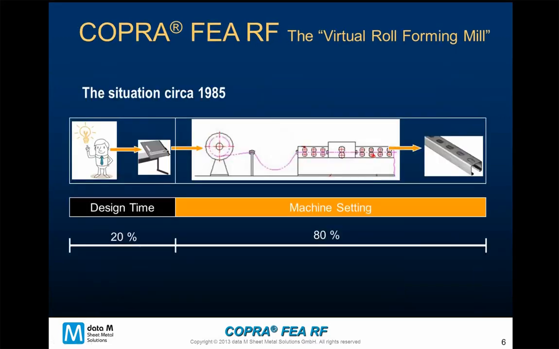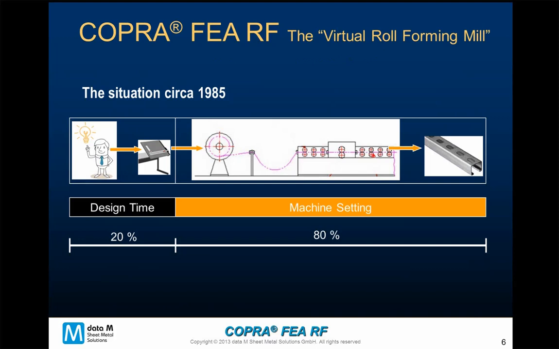So let's now look at how this ties in with roll forming and the progress that we've had in the last 30 years or so. Essentially, the situation circa 1985, we would have a guy working with a drawing board where he would develop a flower, a forming strategy and roll tool design manually.